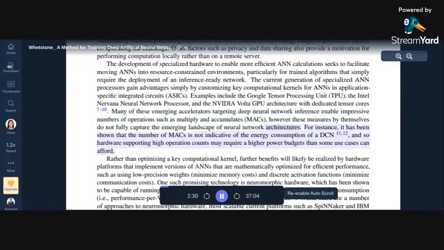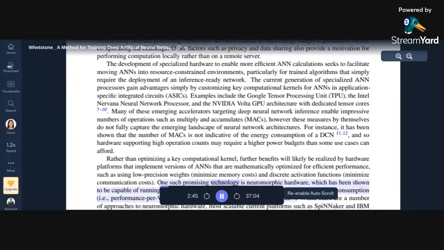For instance, it has been shown that the number of MACs is not indicative of the energy consumption of a DCN. And so, rather than hardware supporting high operation counts, or optimizing a key computational kernel, further benefits will likely be realized by hardware platforms that implement versions of ANNs that are mathematically optimized for efficient performance, such as using low-precision weights, to minimize memory costs, and discrete activation functions, to minimize communication costs.